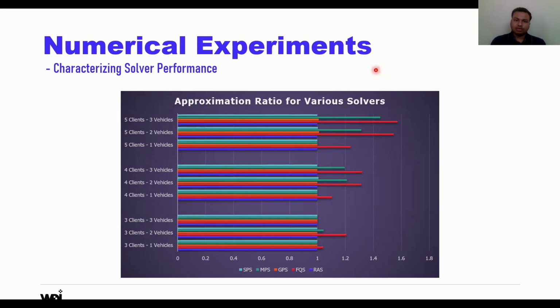Solvers like FQS give slightly worse results compared to other exact solvers as we increase the number of clients or cities. On the other hand, the root activation solver gives the exact solution for up to 6 clients and a close to exact solution for 11 clients. We'll take a look at one reason for why we get solutions with such different accuracy in the next slide.